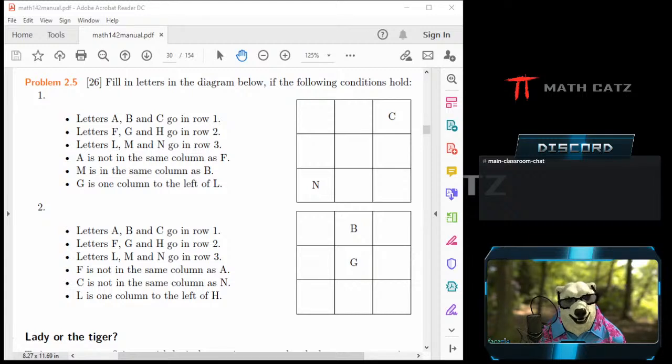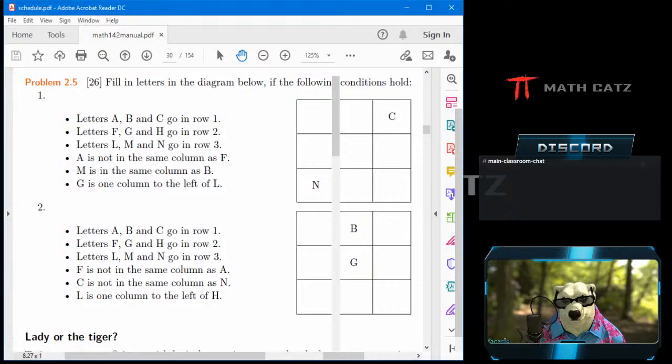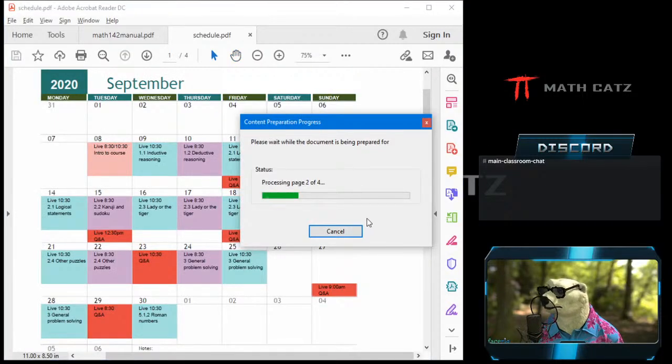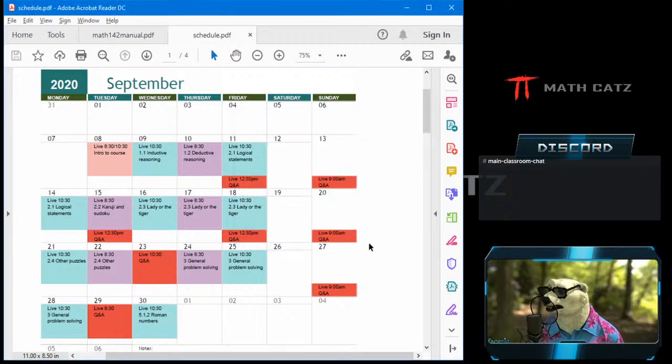Let's have a look here. I have not memorized the schedule because it changes slightly from one week to the next. So we have a few more kinds of puzzles to look at on Monday and Tuesday.